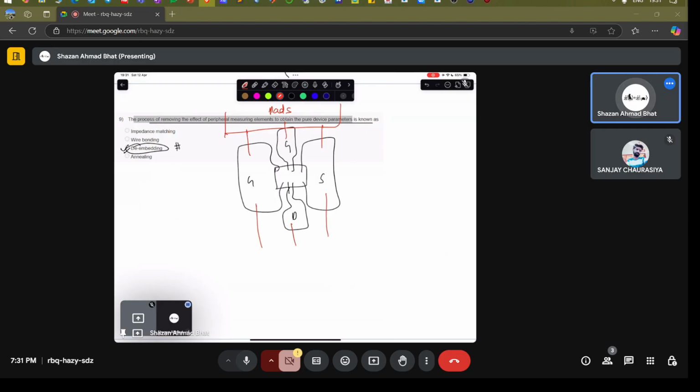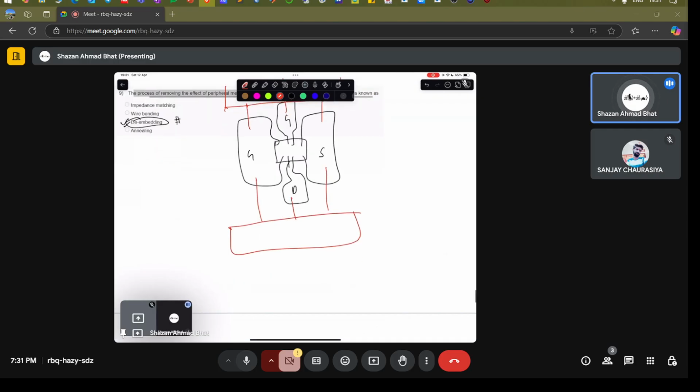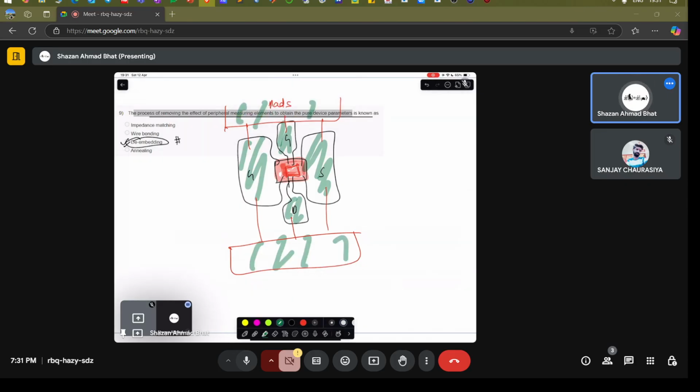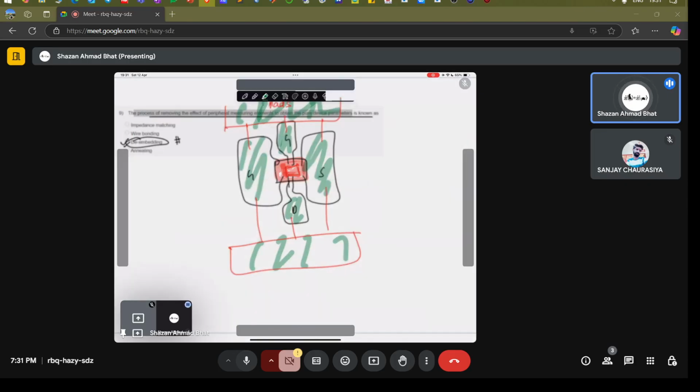You connect the pads like this in order to characterize this device. Then this particular thing is the active area here, where you have the actual device, this thing. The other things, this, as well as this, they are something called peripherals.